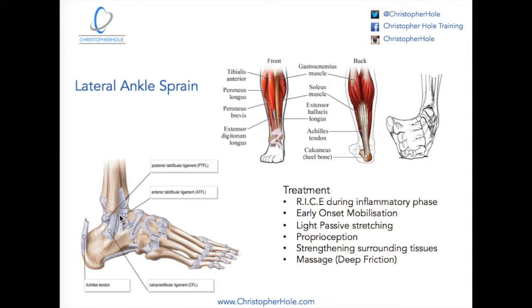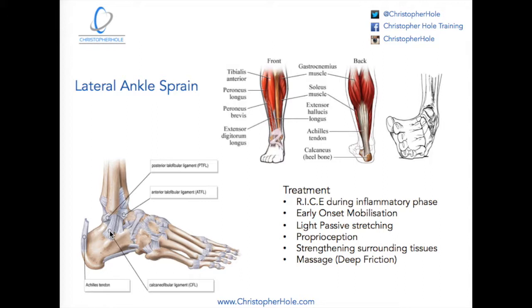So the anterior one sits on the front of the ankle, the posterior one sits on the back of the ankle, and then you've got the calcaneofibular ligament, which is the CFL, which is this ligament that joins at the bottom of the fibula here and the top of the calcaneus here.